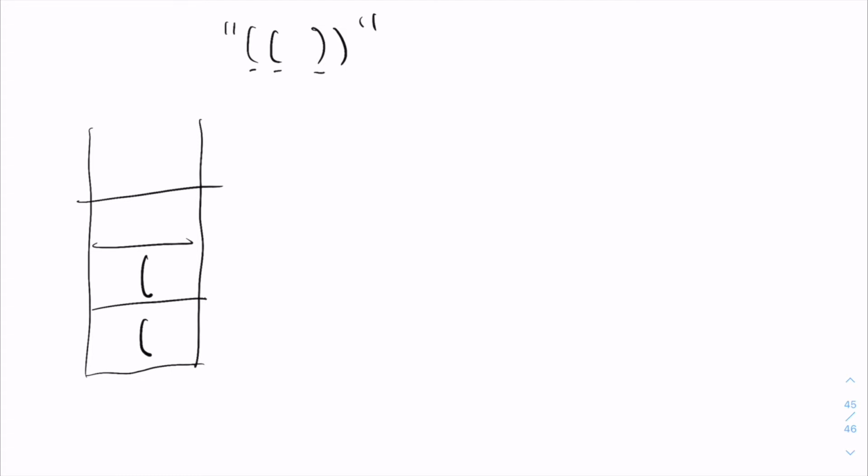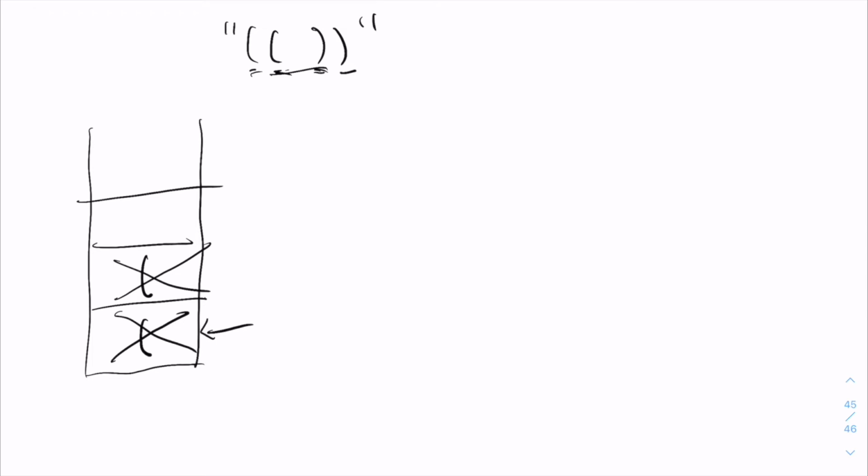Now we reach a closing round bracket, and we check that the top of our stack is the same type. It's an opening round bracket, so these two are a pair, and we can remove it because we have already considered it as part of a pair. We continue onto the string and encounter another closing round bracket, and we see that the top of the stack is an opening round bracket, so these two are a pair, and we can remove that.